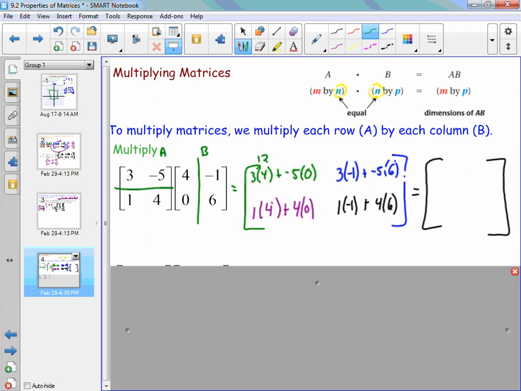So 12 plus 0 gives us 12. Negative 3 minus 30 gives us negative 33. 4 plus 0 will give us 4. And negative 1 plus 24 gives us positive 23. And that is what I expect you to do. I do expect you to show the work matrix for multiplying.